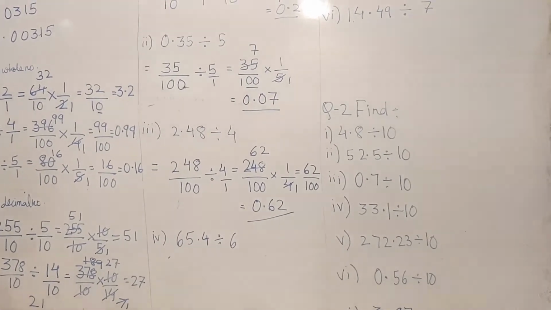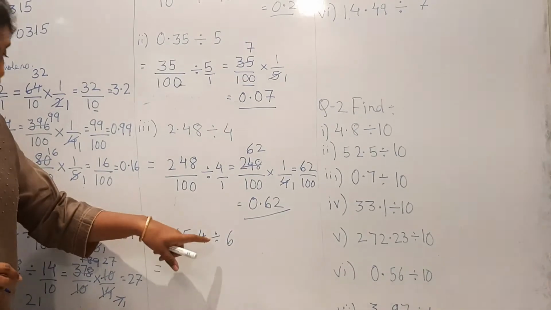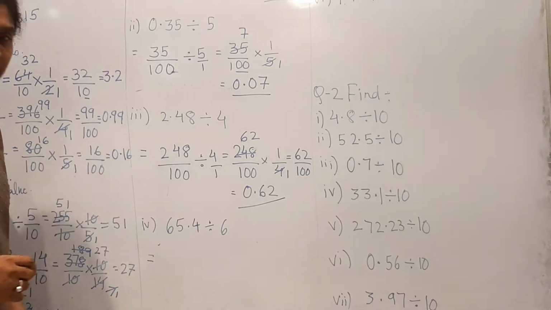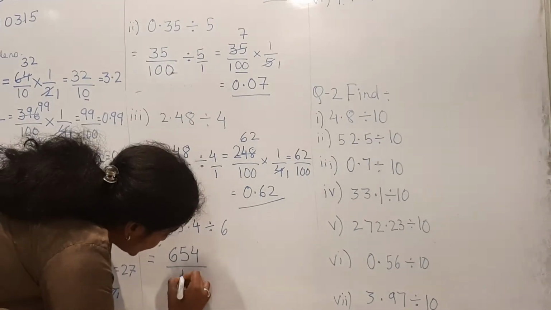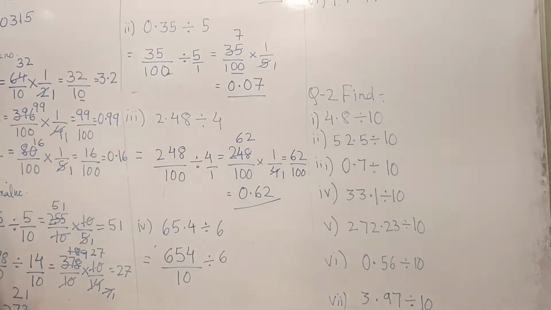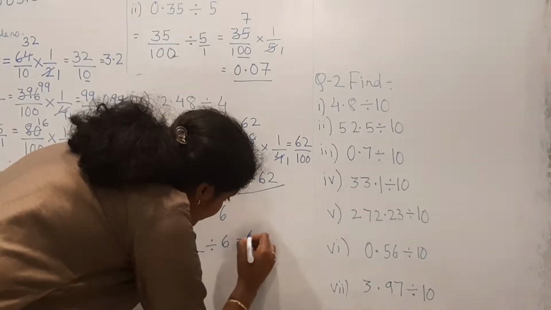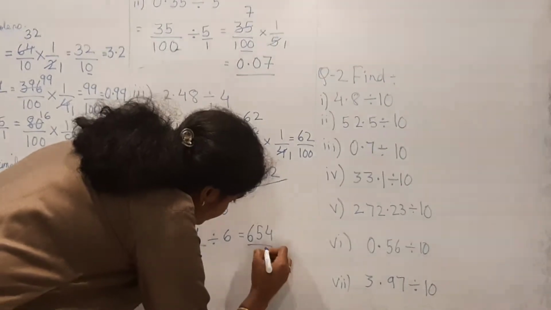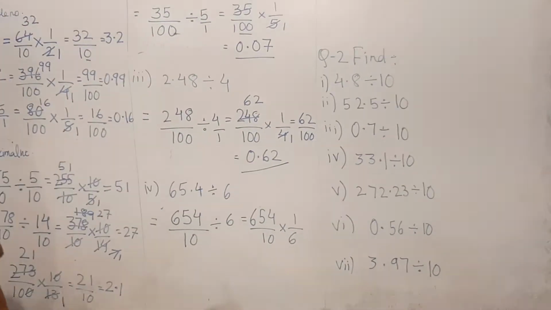Then fourth one, 65.4 divided by 6. Before 1 digit the point is placed. So I can write 654 divided by 10 divided by 6. Again, first will remain as it is. Multiplied by 1 by 6.